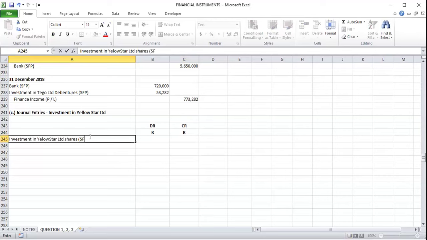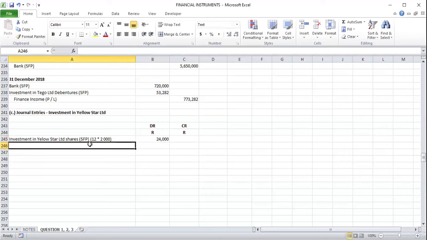This is an asset to us as a company if we buy these shares. It's a financial asset to us, and it will be measured only at cost, excluding transaction costs, as long as it's through profit or loss. So it will just be 12 multiplied by 2,000, which is 24,000.